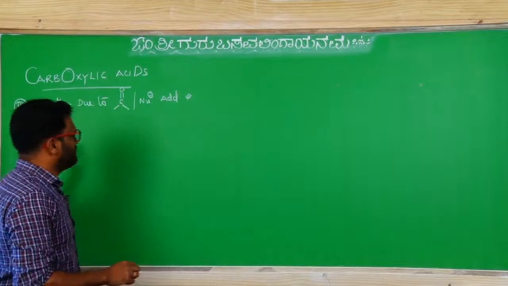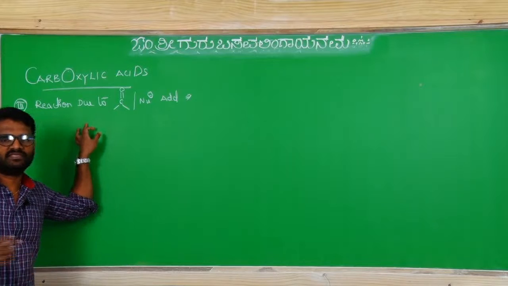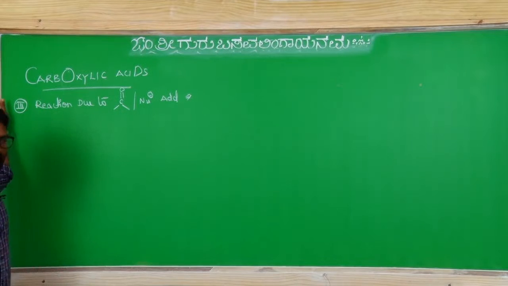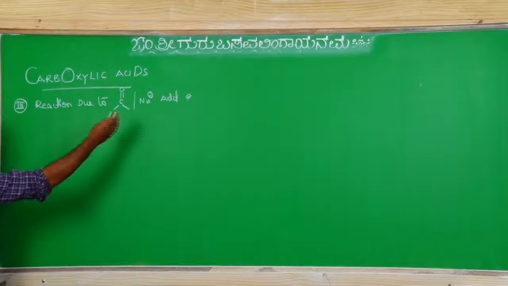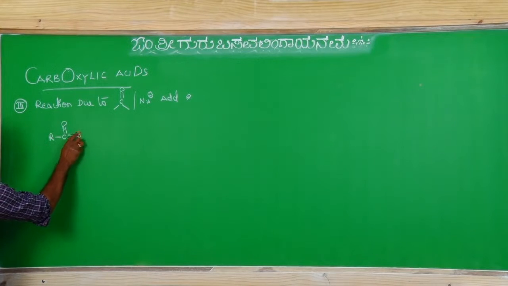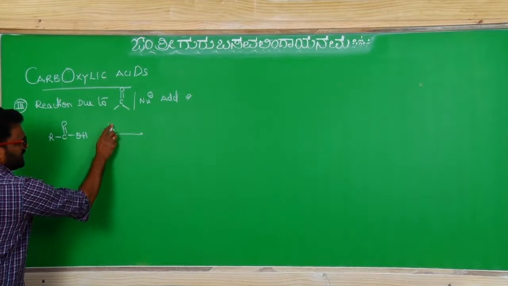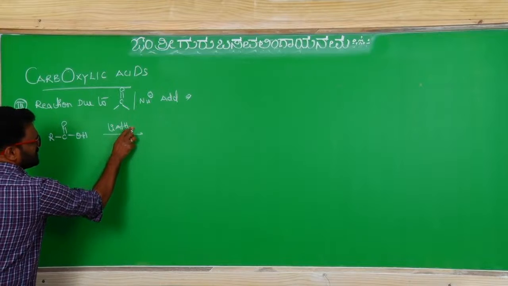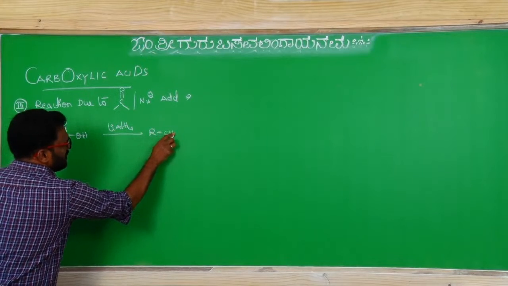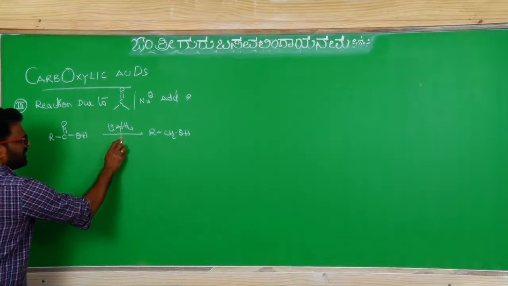So here the best reaction is reduction. Reduction of carboxylic acids with a strong reducing agent like lithium aluminum hydride will give alcohols. In the last class I already gave the same reaction. When this carboxylic acid is treated with lithium aluminum hydride, it will give alcohol, RCH2OH.